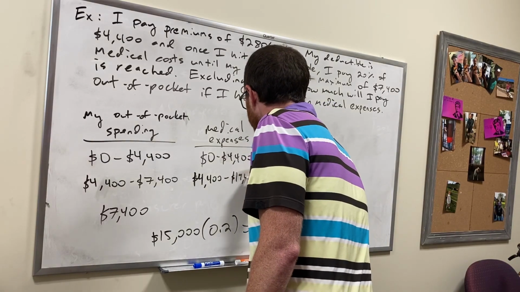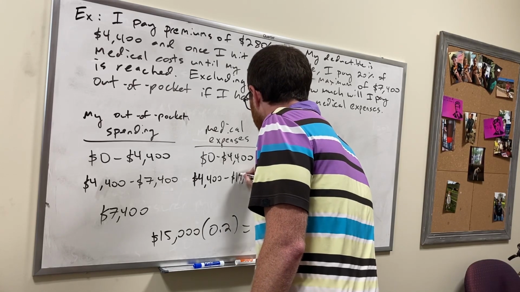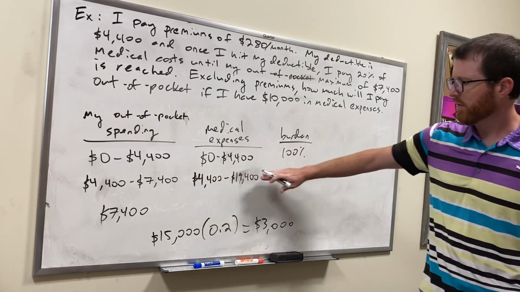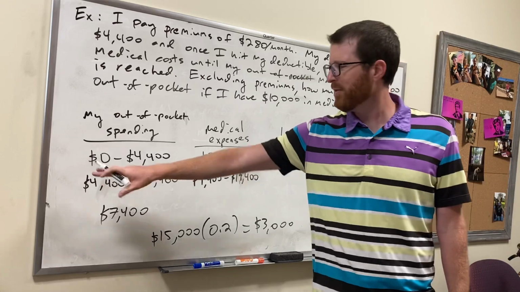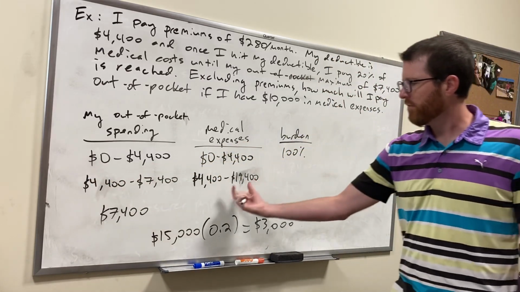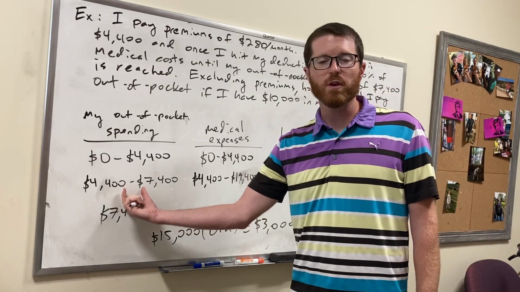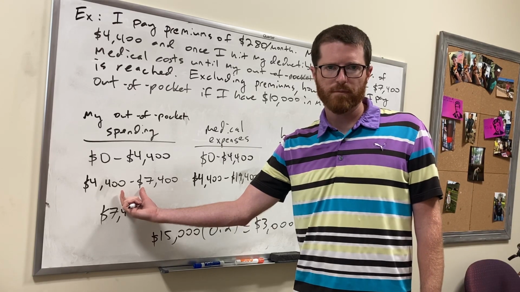The medical expenses I need in this post-deductible, pre-out-of-pocket maximum state is that right there. This $15,000 difference is what would cause me to spend up to $3,000 in out-of-pocket spending.